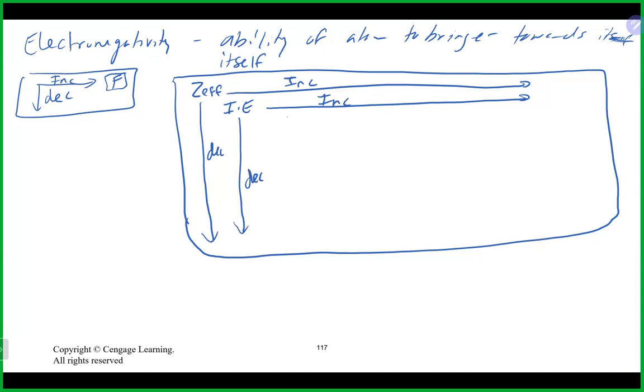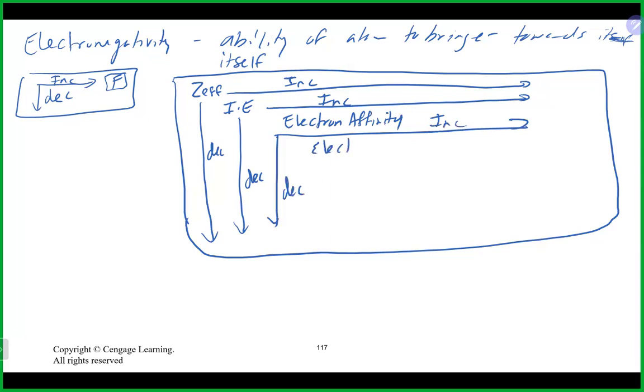We had electron affinity, increasing as you go this way, decreasing as you go this way. We had electronegativity, increasing as you go up and to the right, decreasing as you go down. And we had size basically getting smaller as you go up and to the right and increasing as you go down.